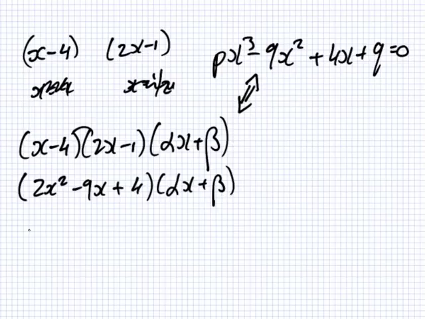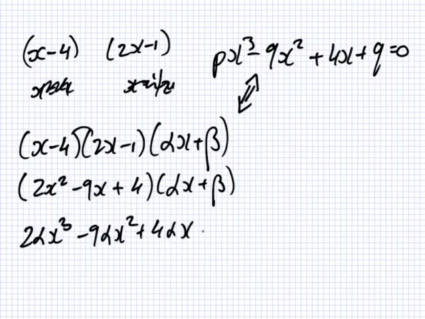So that will be 2 alpha x cubed. I'm multiplying by the alpha x, minus 9 alpha x squared plus 4 alpha x plus 2 beta x squared minus 9 beta x plus 4 beta.